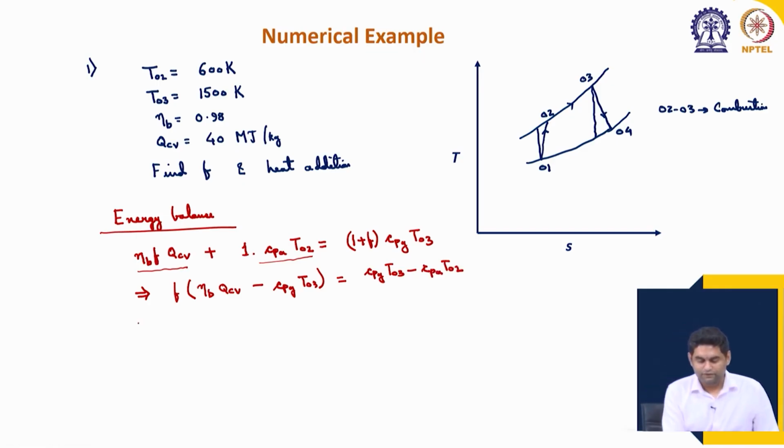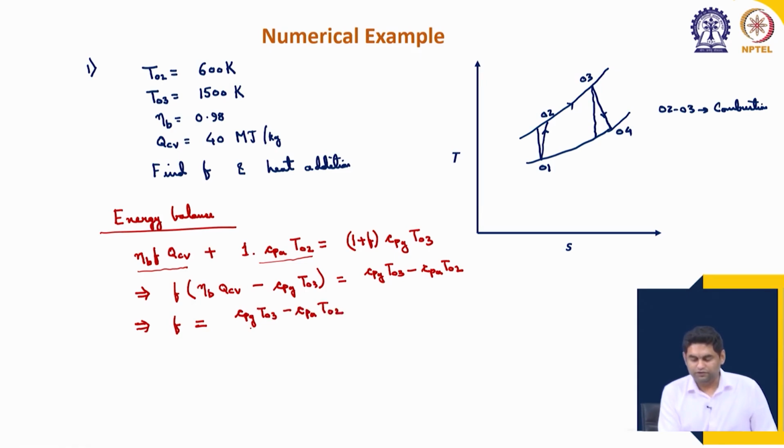So, finally, we can see that the unknown F can be expressed as Cpg T03 minus Cpa T02, divided by eta B Q CV minus Cpg T03. T03 and T02 are known quantities.